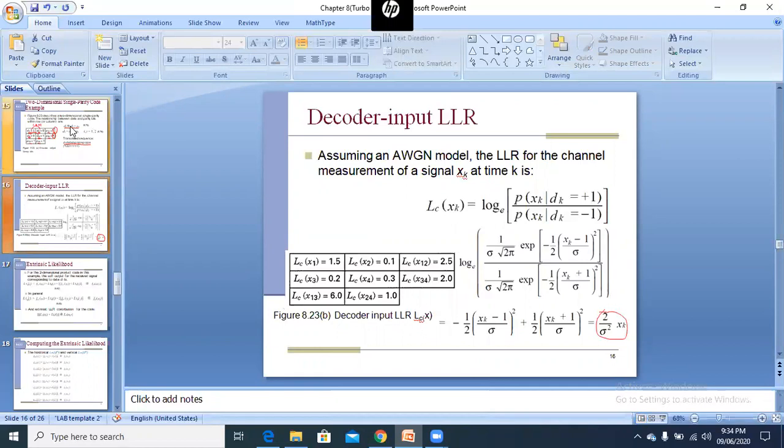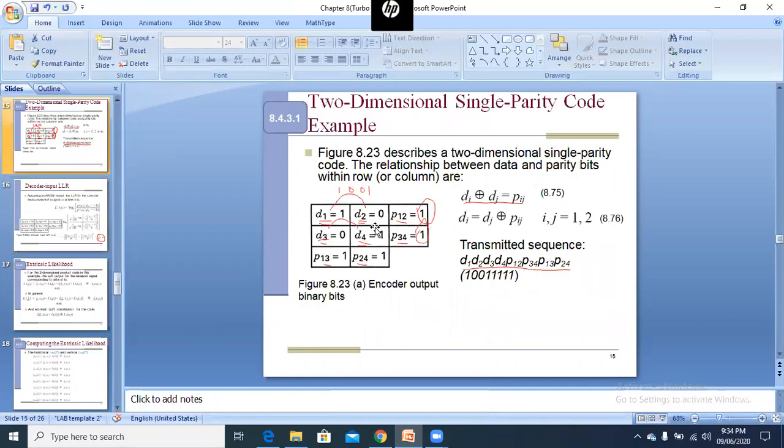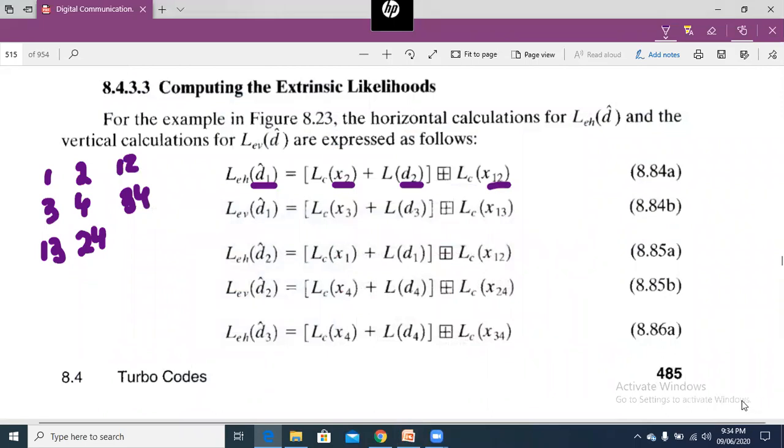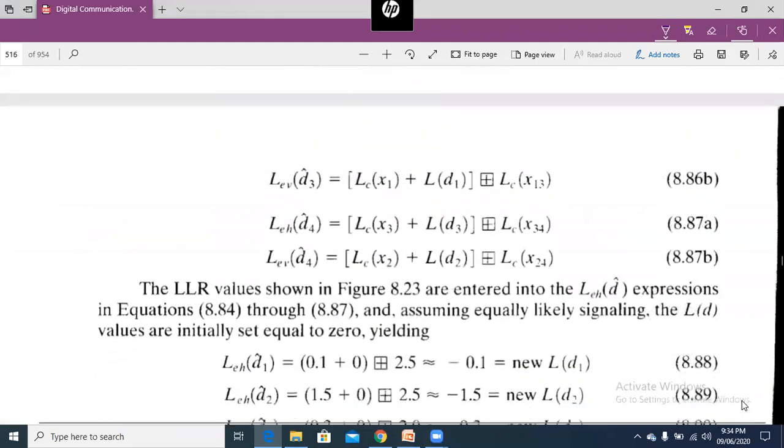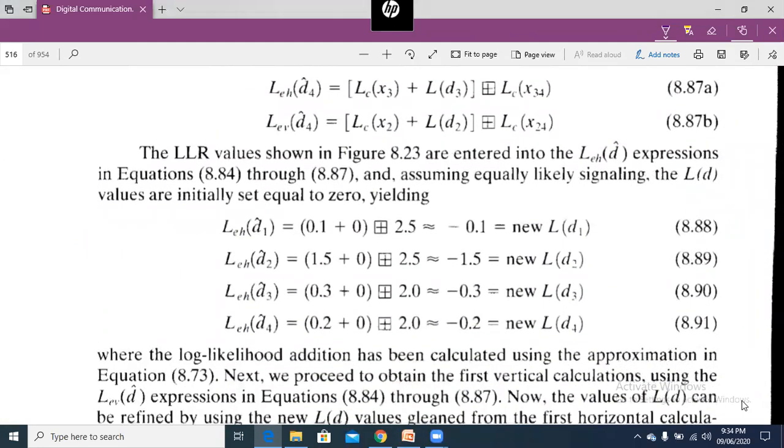For LD2, we have the value of LD2 initially, which is 0 here, right? Initially we have its value 0.